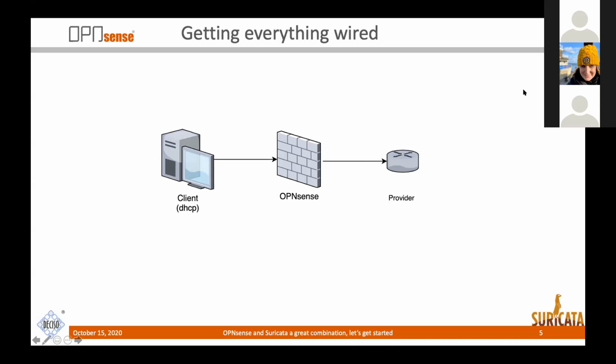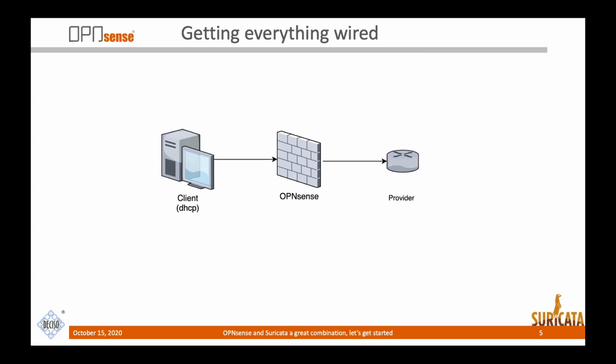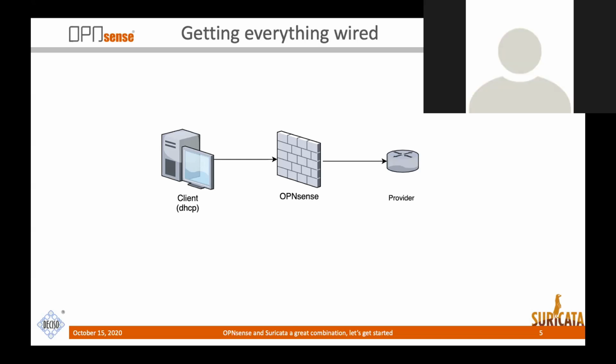That means that on the LAN side, the client automatically gets an IP address from the OPNsense system by DHCP. And we expect that the provider will provide DHCP on its end, so the system will receive an IP address on the WAN side from the provider. So it's a very basic and simple setup just for demonstration purposes.